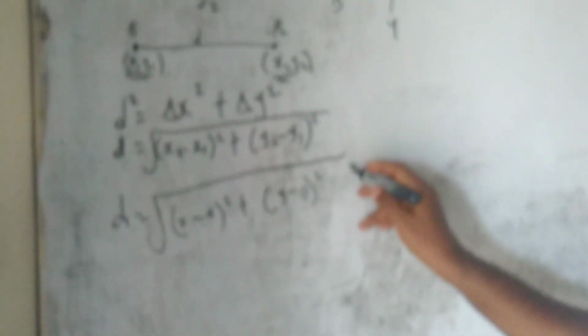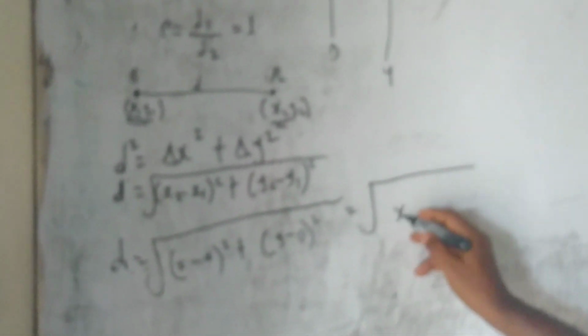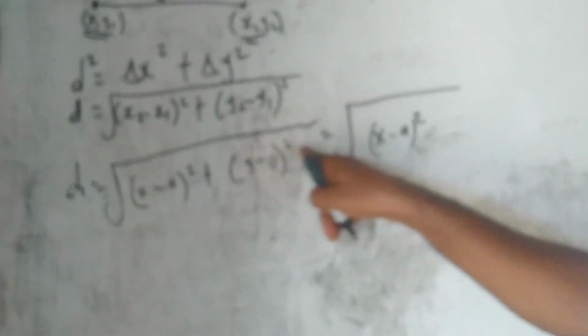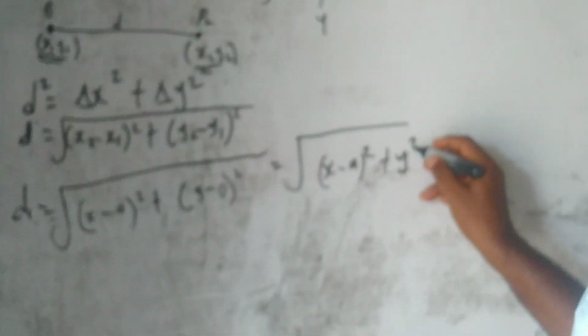So d1 can now be simplified as the square root of (x minus a) squared, y minus 0 is 0, so we have plus y squared.